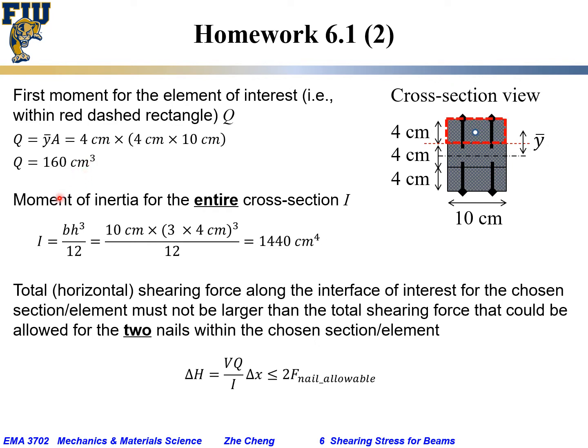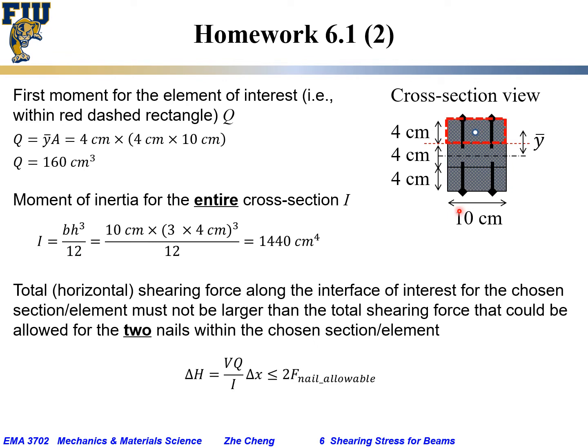And then we also need to calculate the moment of inertia, and that's always for the entire normal cross section. For this entire normal cross section, it will be BH to the power of 3 divided by 12.